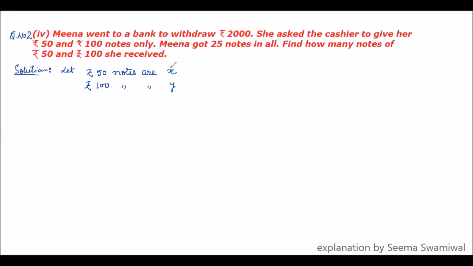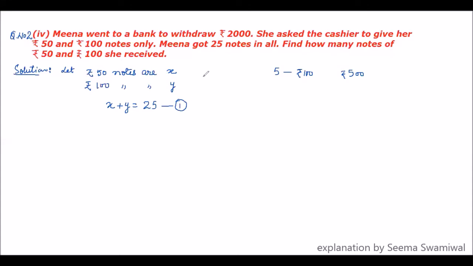So x plus y is equal to 25. This will become the first equation of the system. Let's read out the second equation. Suppose, children, I say that you have 5 notes of rupees 100. How much total money do you have? You will multiply 5 into 100 and say that I have 500 rupees.